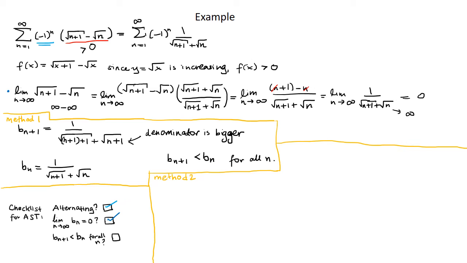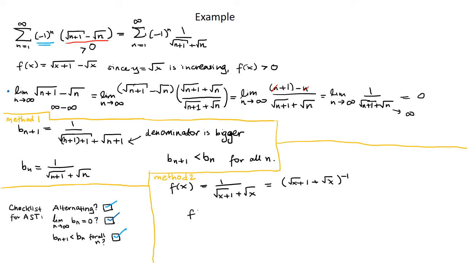We could have also, for example, taken the derivative of the function f of x equals 1 over the square root of x plus 1 plus the square root of x. Right, this isn't too bad, it's just a little chain rule. So we get square root of x plus 1 plus square root of x to the negative power.